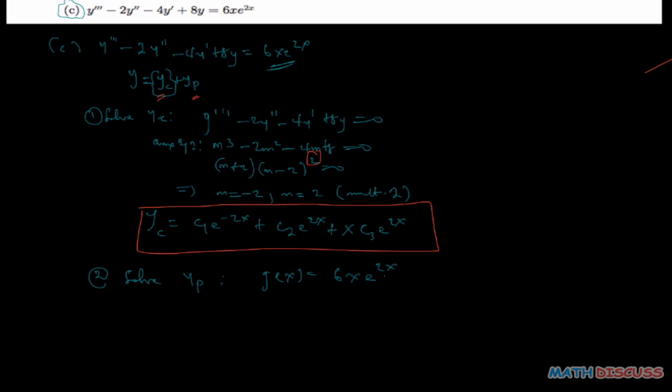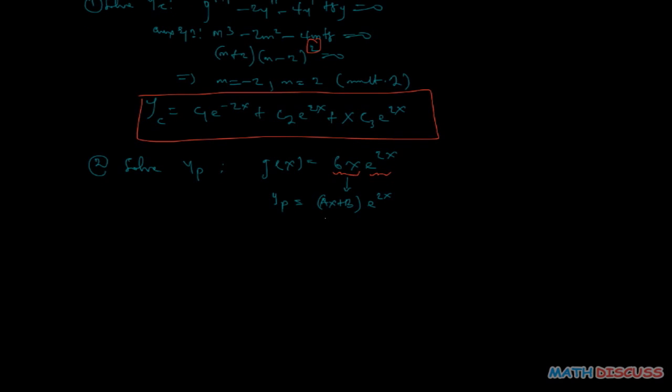Now you'll observe that the right hand side contains two different things: this is linear, while this is just an exponential function. This is going to help us in determining the assumed form for the particular solution. Since this is linear, my yp equals ax plus b times the exponential function e to the power 2x.